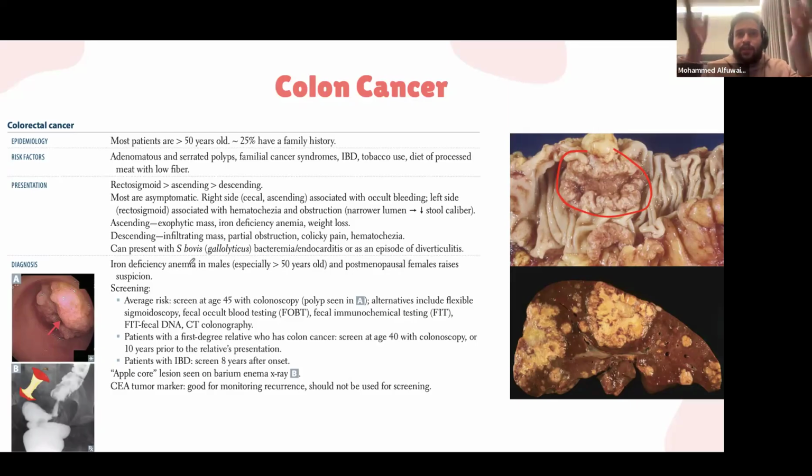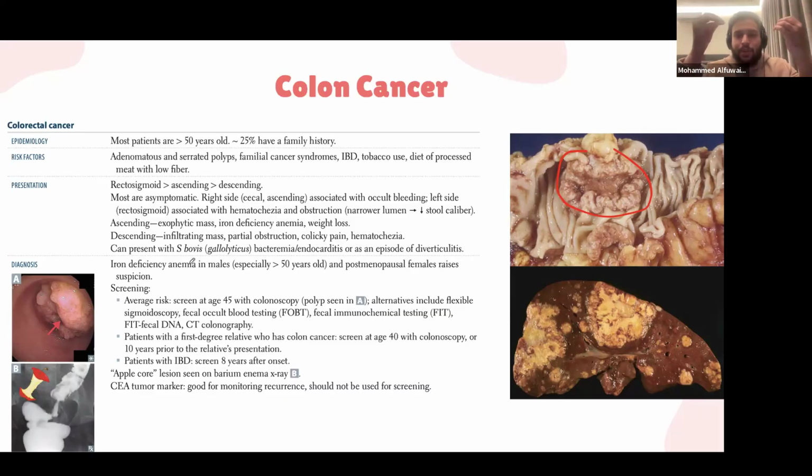Now, in terms of manifestations, sometimes it's going to be asymptomatic. However, if it causes symptoms, it depends on the location. We mentioned this when we talked about the simple anatomy, is if it's on the left side in the rectosigmoid, it's going to be more of obstructive symptoms. Okay. So in this case, you'll have partial obstruction, pain, GI bleed, obviously anemia, weight loss, and so on.